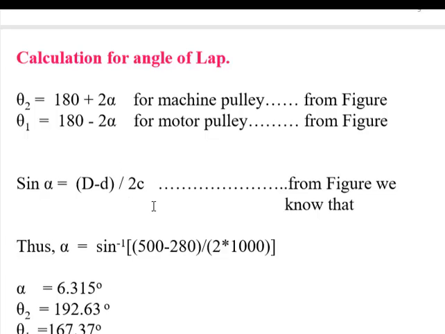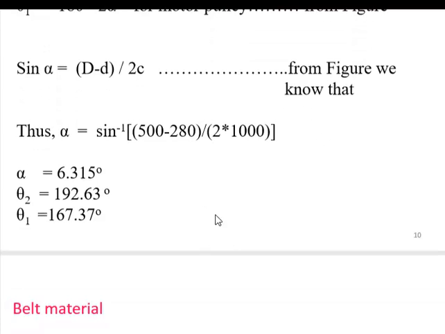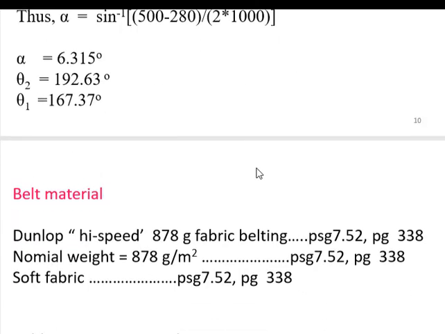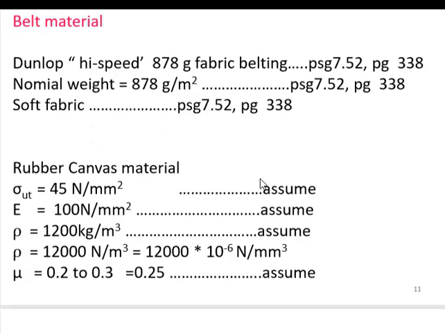Since we know these parameters, alpha can be calculated, and it comes around 6.315 degrees. Now theta 2, as we know, would be bigger, that is 192.63, and theta 1 comes a little smaller, that is 167.37 degrees.